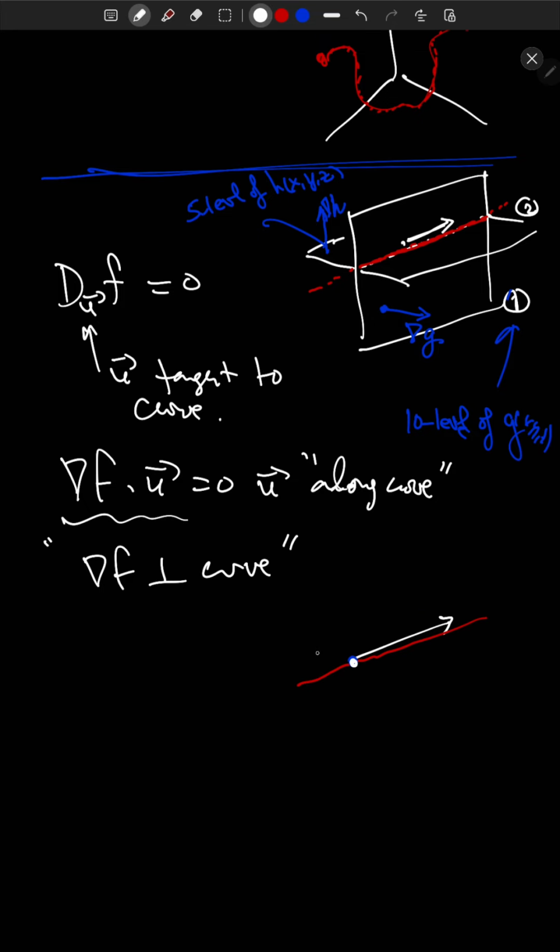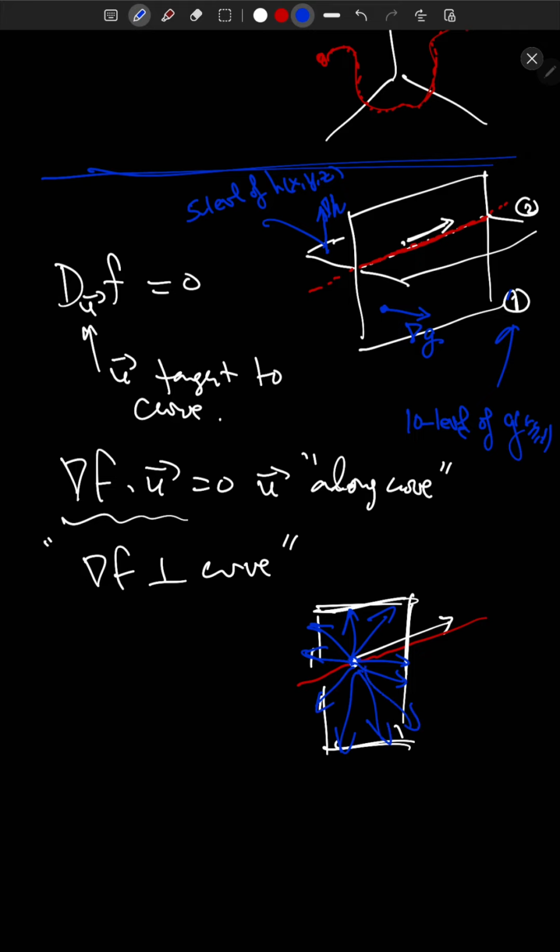So this is the point of interest, and the plane which is perpendicular. Let me draw the arrows: here, here, here. There's an infinite number of arrows, a whole plane's worth of arrows perpendicular.